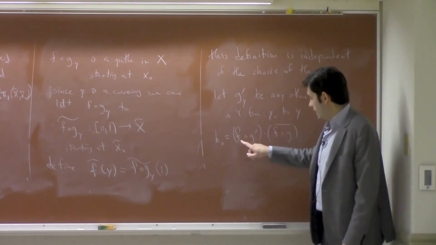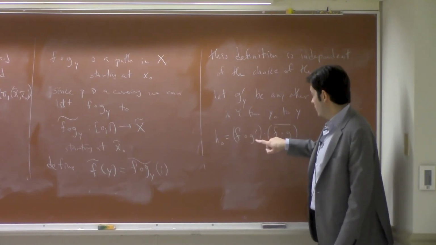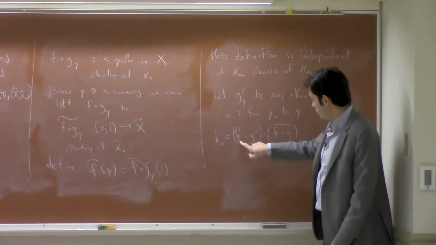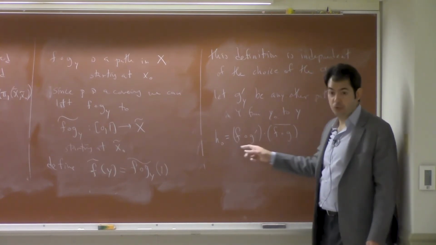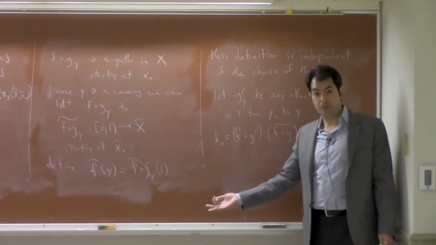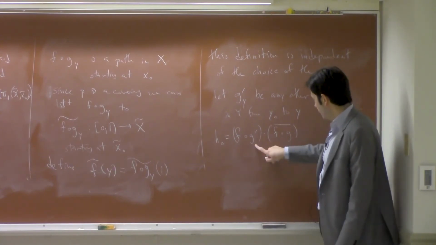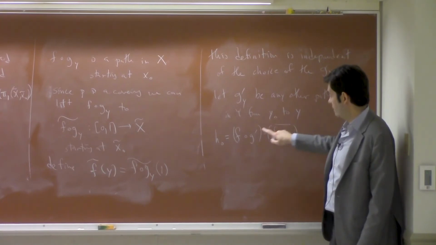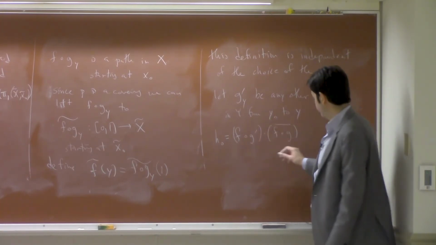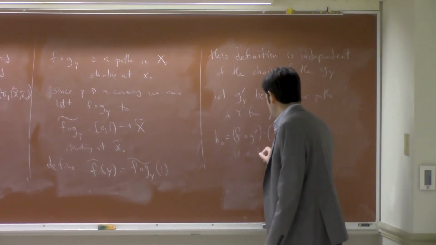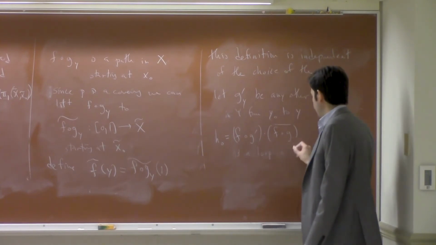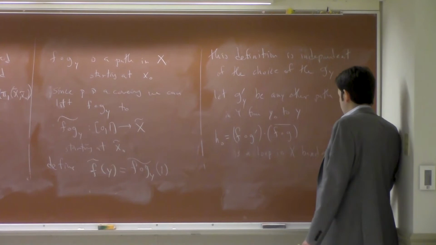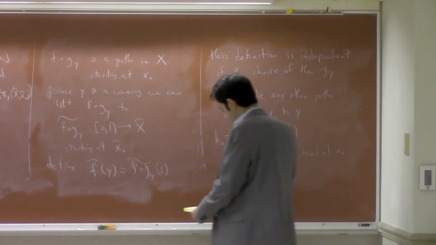We know that g prime and g have the same endpoints, so if you send them over to x using f, you still have the same endpoints, but now you're in x. This is a path in x, and this is a path in x. They have the same endpoint, so if I take the reverse path, I end up with a loop in x based at x naught.